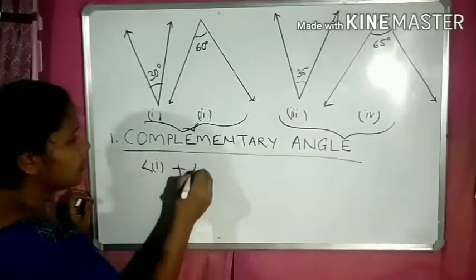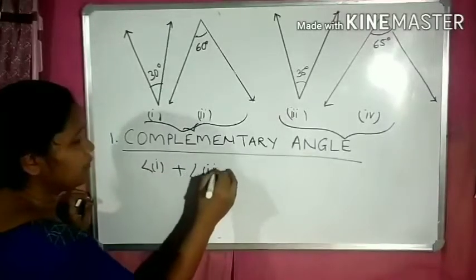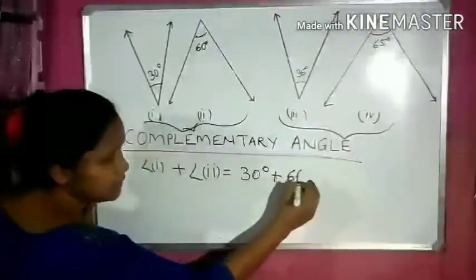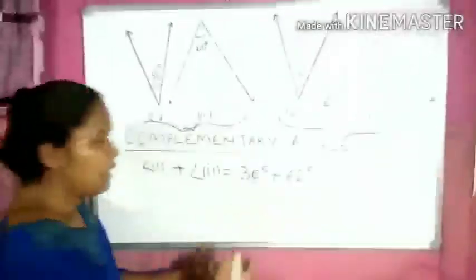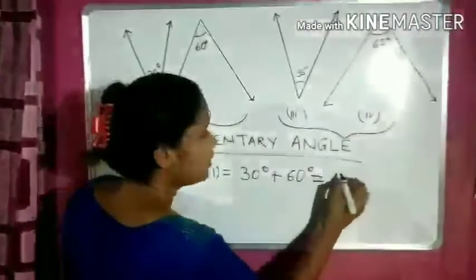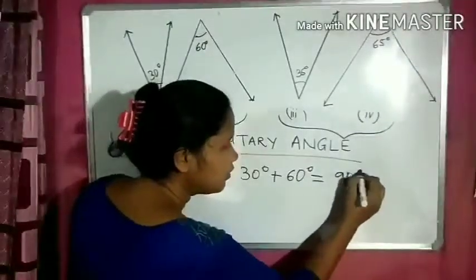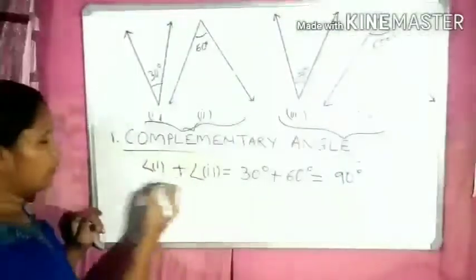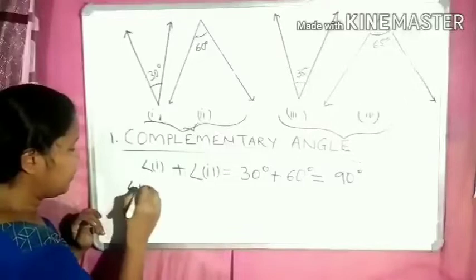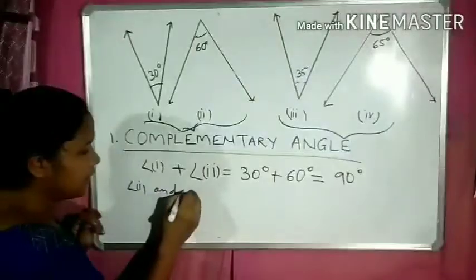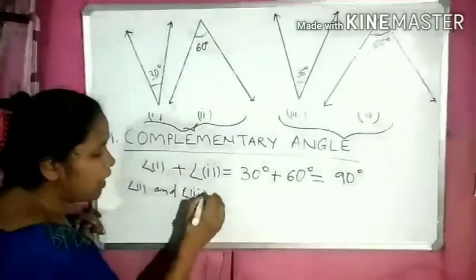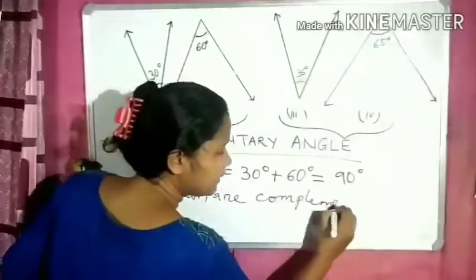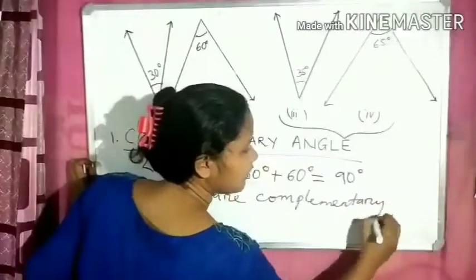Angle 1 plus angle 2: the first one is 30 degrees, the second one is 60 degrees. When we add, what are we getting? The sum is 30 degrees plus 60 degrees equals 90 degrees. So angle 1 is complement to angle 2. We can say that angle 1 and angle 2 are complementary angles.